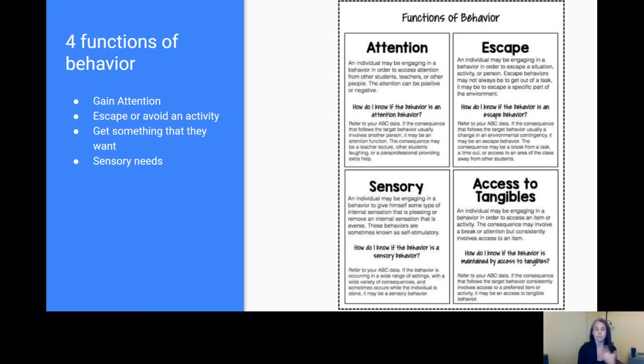The communicative intent could be truly anything, but there's a purpose. They're trying to tell you that they want attention. They're trying to tell you they want to get away from something. They're trying to tell you they want access to a tangible, they want to obtain something, or that they truly have a sensory need. There is something sensory that they are needing at that time. So I'm going to continue to embed these four purposes or functions of behaviors into my strategies as well.